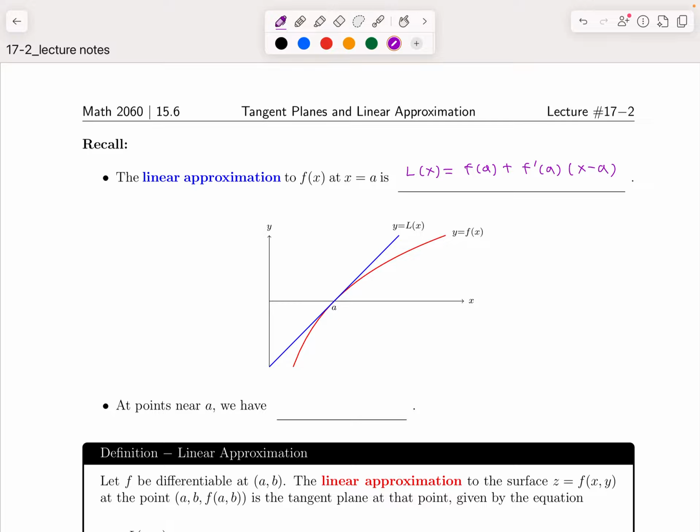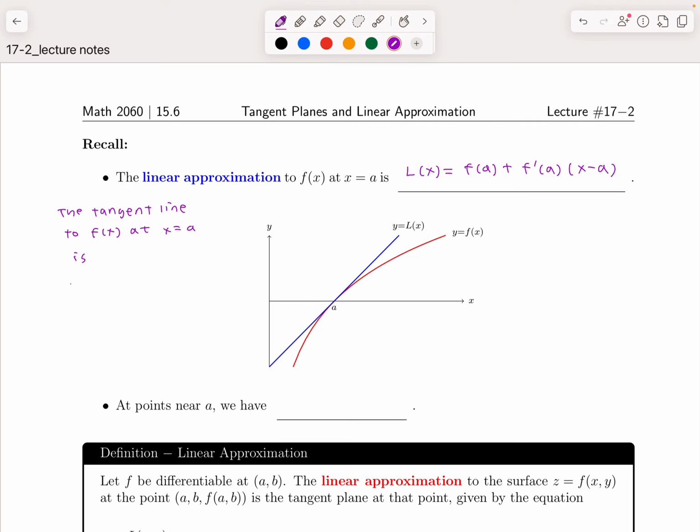Before we keep talking about this, let's make a quick review about the tangent line. So if we want to find the tangent line to the function f of x at the point x equals a, then we will use the point-slope form.